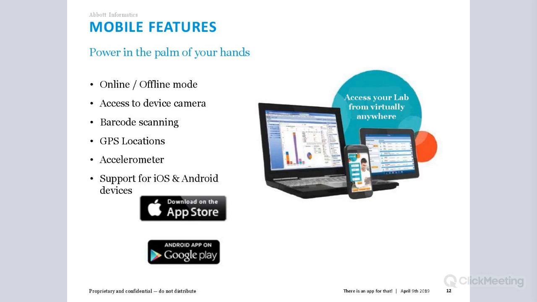So STARLIMS itself is a website. So in order to access it from a computer, you need a stable internet connection. The STARLIMS mobile solution, however, contains applications specifically designed for activities where the user might not have a stable network connection, such as in the field when they're walking around trying to collect samples.